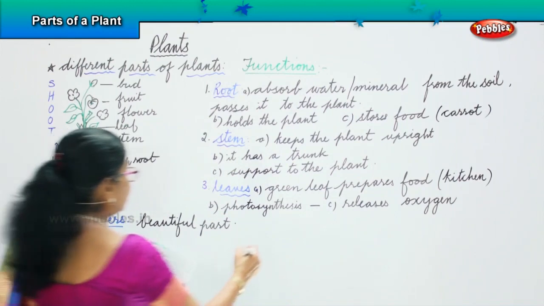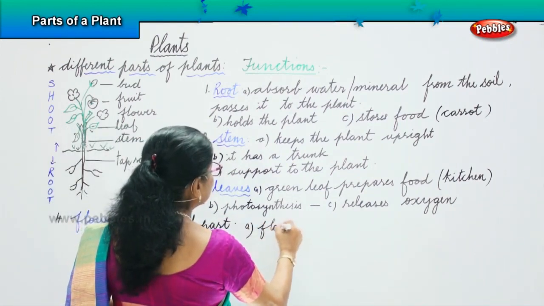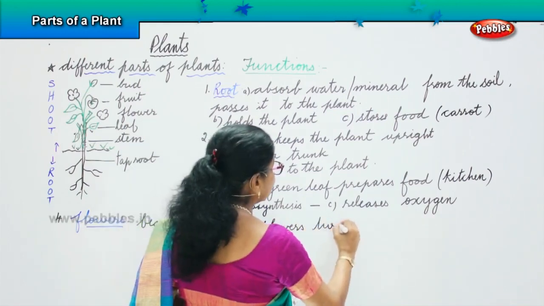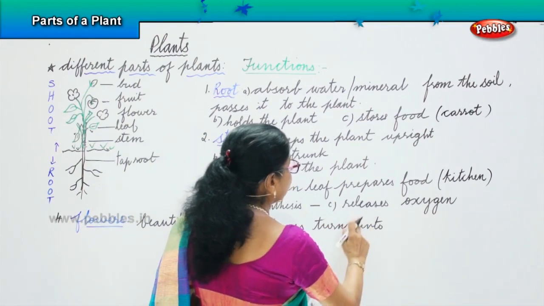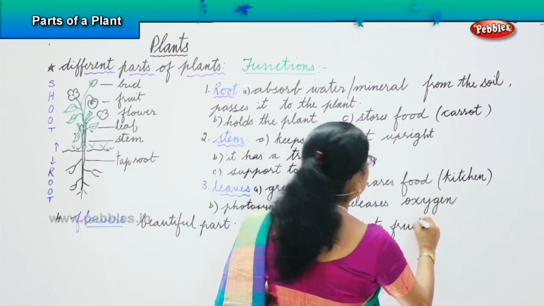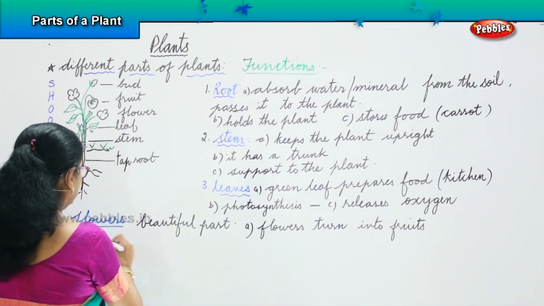So, the first one, flowers turn into fruits. That's the first most important function.